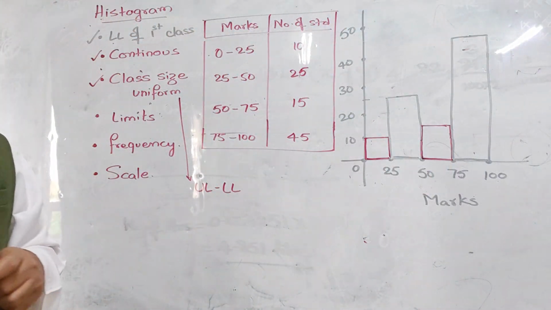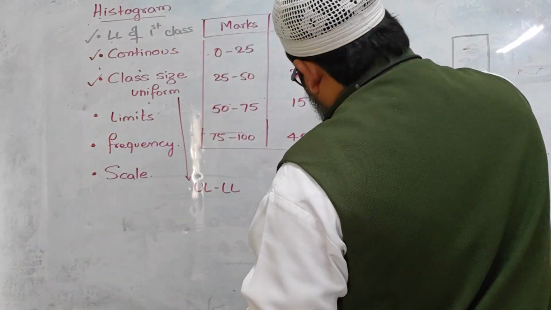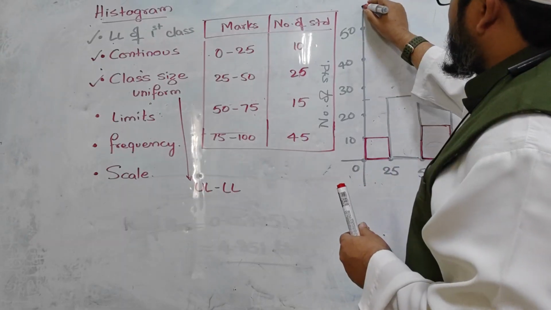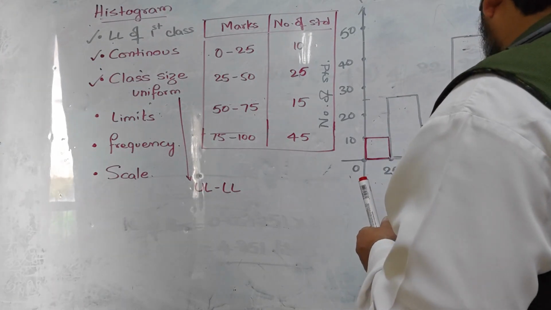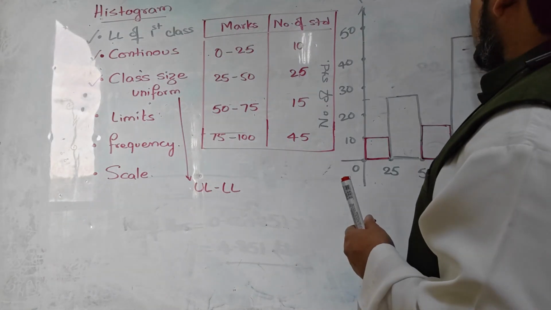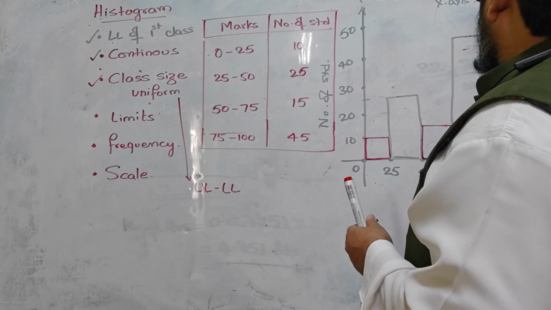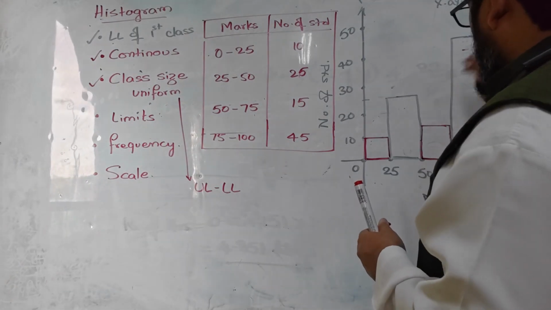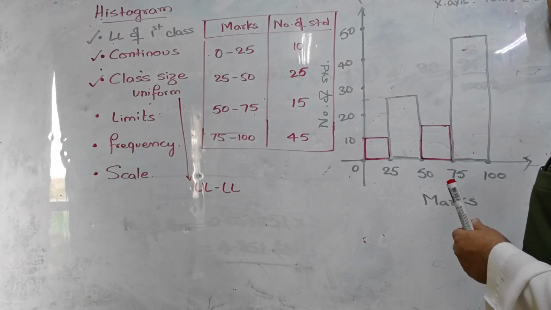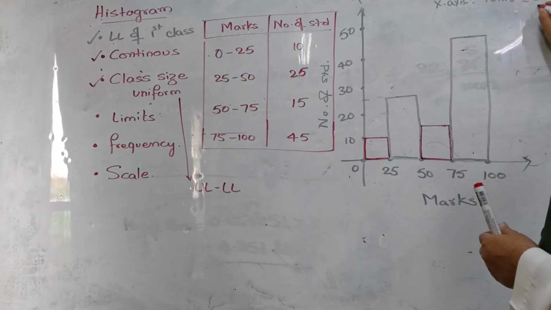So this is a histogram, and here you have to mention number of students on the y-axis and marks on the x-axis, and the most important thing is the scale. Scale on the x-axis, 1 unit is equal to how much? 1 unit you have taken as 25 what? 25 marks.